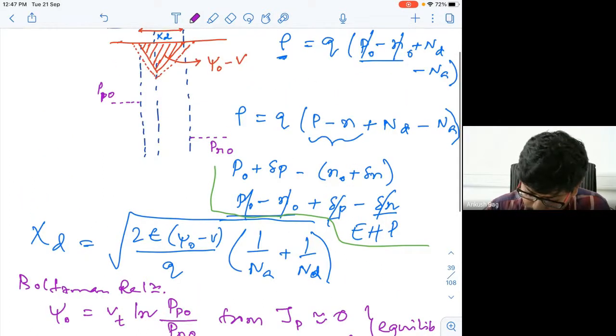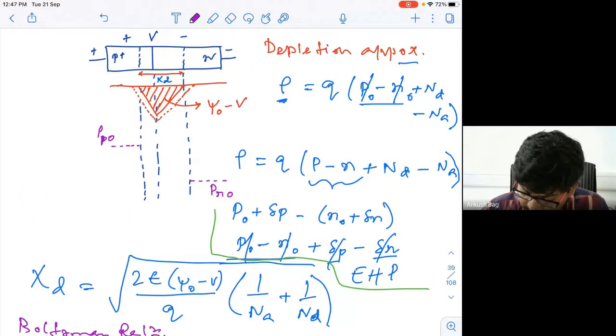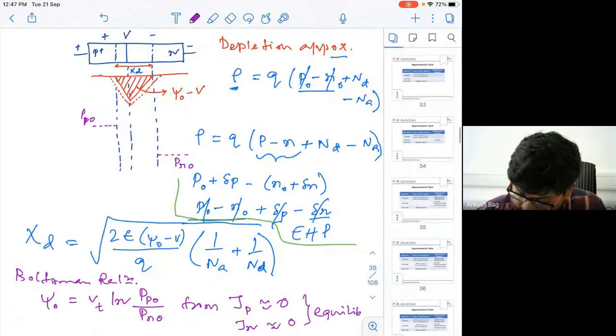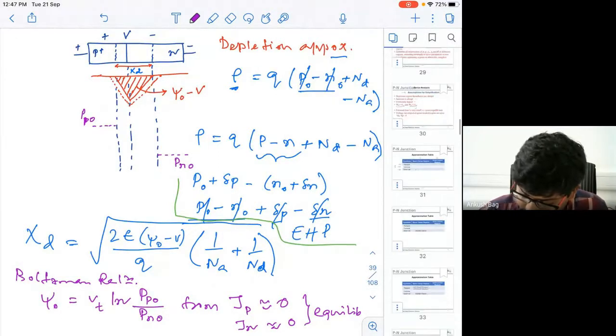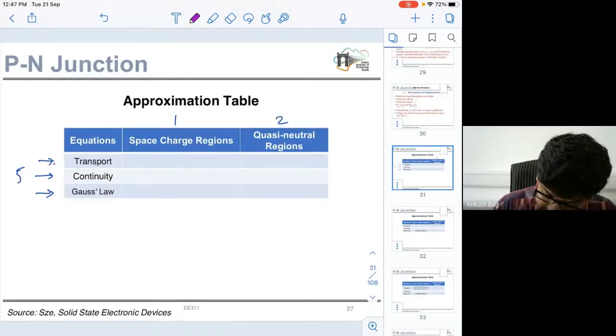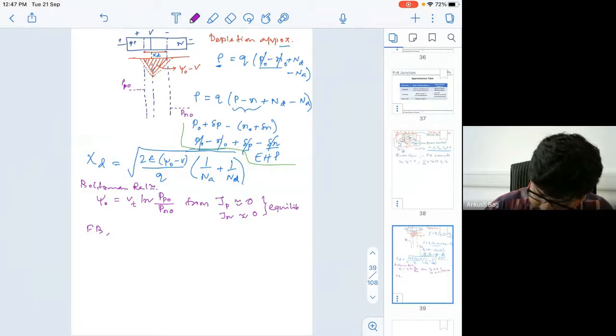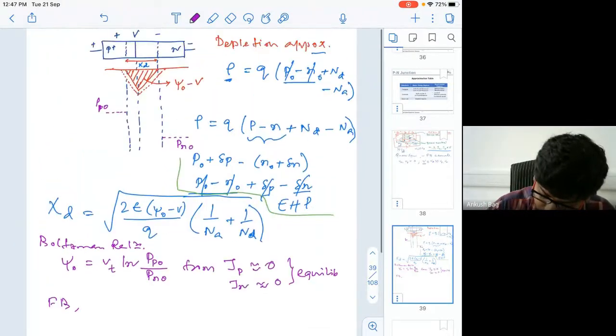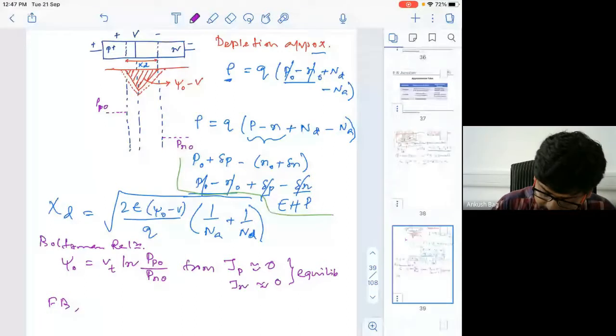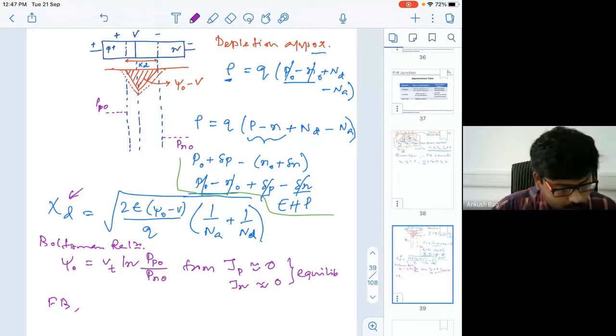Okay, before we move further, we have already considered one condition in this approximation table. In this approximation table, we have already derived rho and xd, and we derived these parameters from Gauss law.